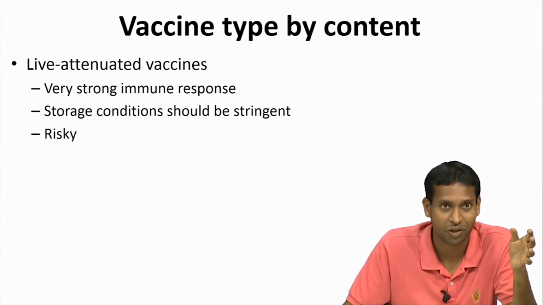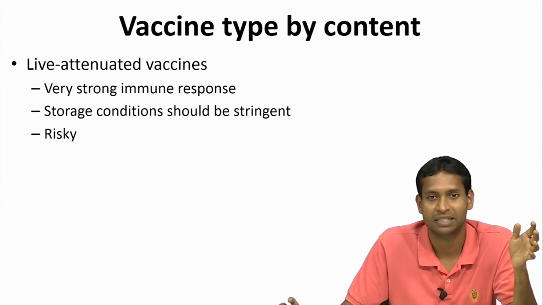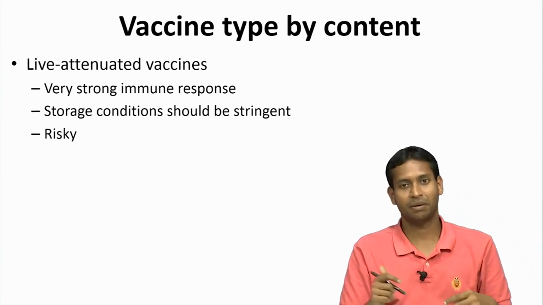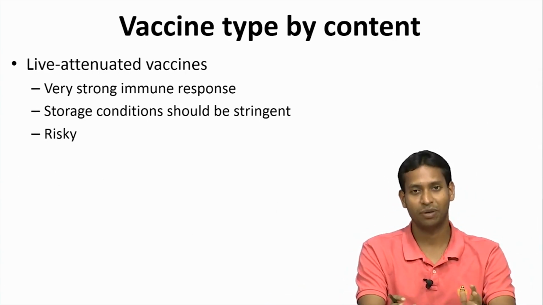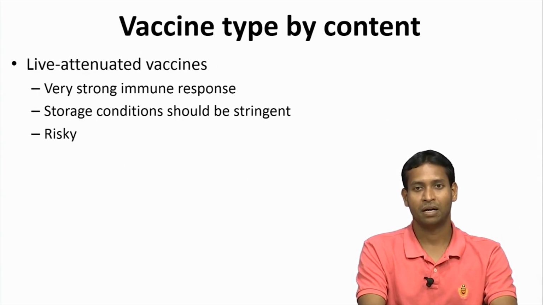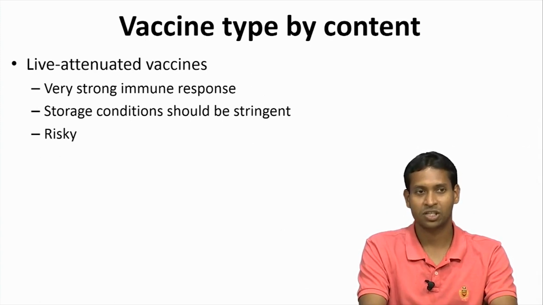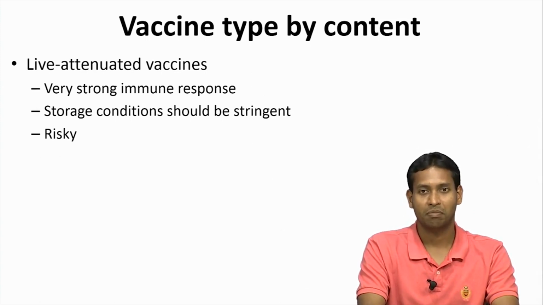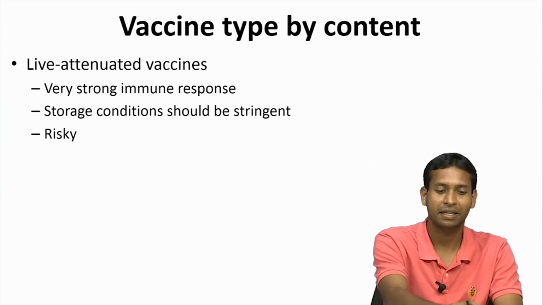It is fairly risky because of course you have attenuated it, but there is a chance that the patient or the healthy person that you are injecting this into may not be very healthy at that point, and may be suffering from some condition where their immune response may not be able to mount enough activity to clear these attenuated vaccines.